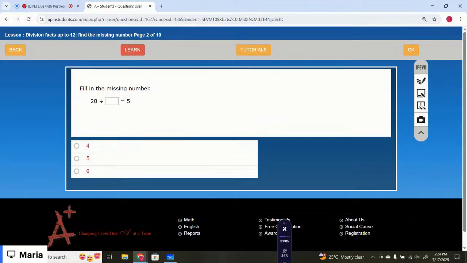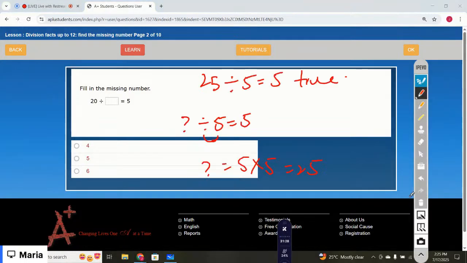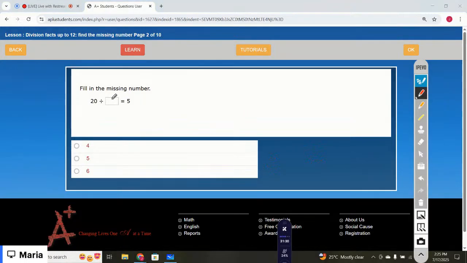Fill in the missing number. 20 divided by the missing number equals 5. So 20 divided by 4 is 5.